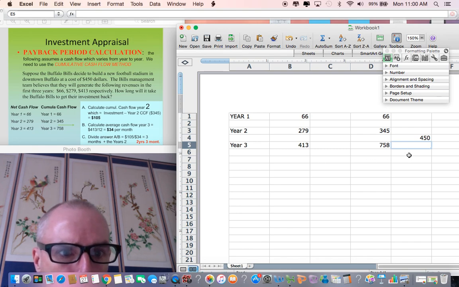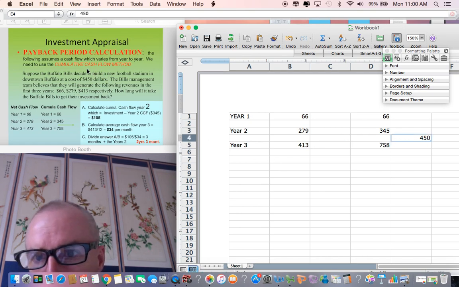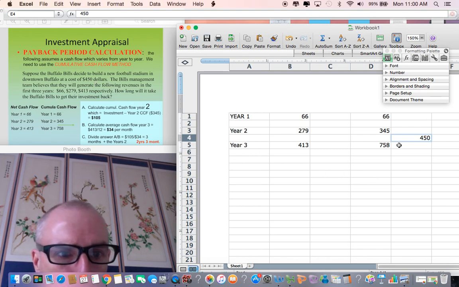So from the video before, the first step that I would do, I would lay this out going through the years. The second thing that you would do is you would take that initial investment, which is right here, 450, and place that in between where it falls in the years, and it falls between 2 and 3.